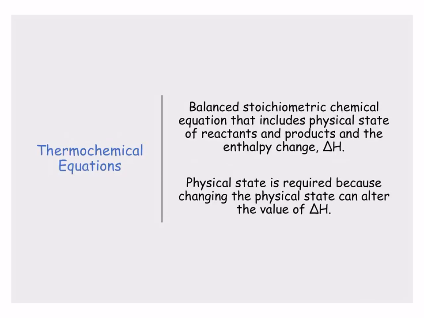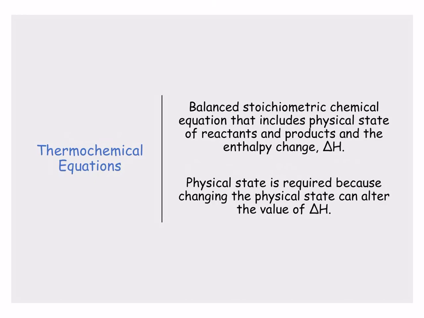So, a thermochemical equation. Now, a thermochemical equation is a balanced chemical equation that includes physical states of reactants and products and the enthalpy change, delta H. Again, that's an awful lot to take in. So let's take it very simply and think about it for a minute.